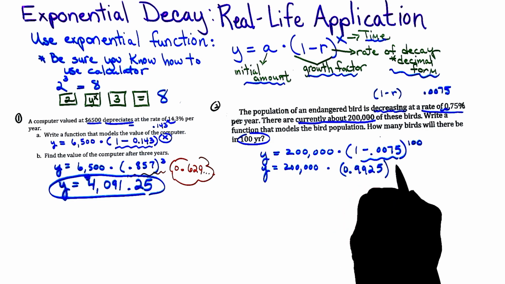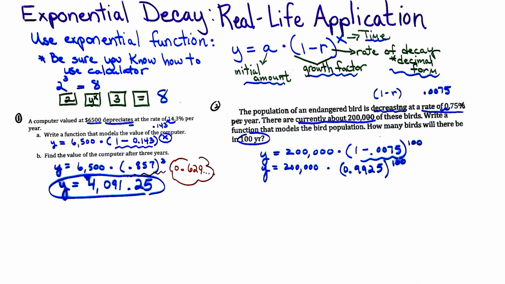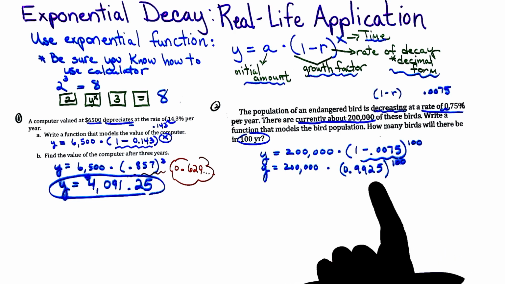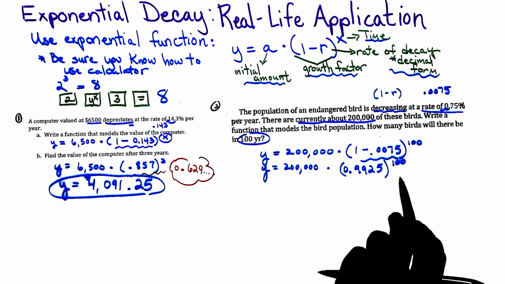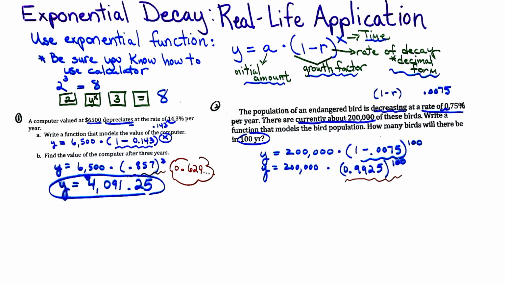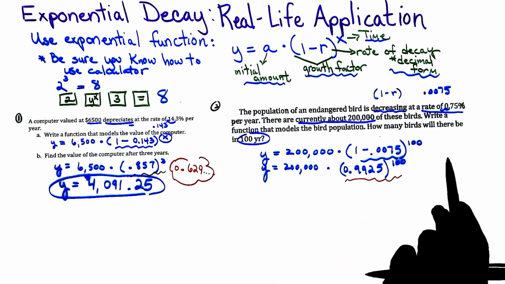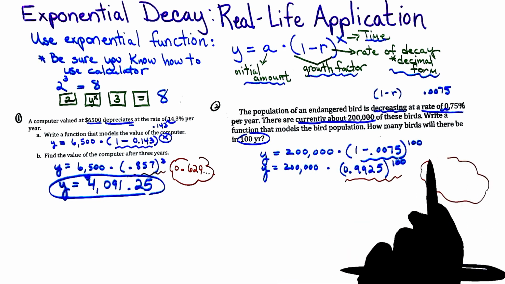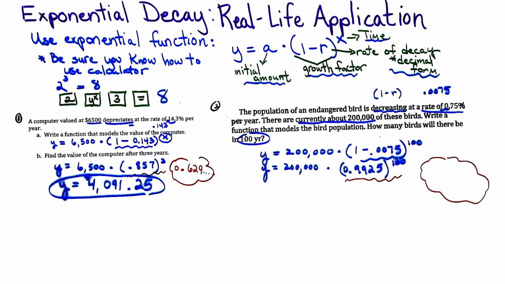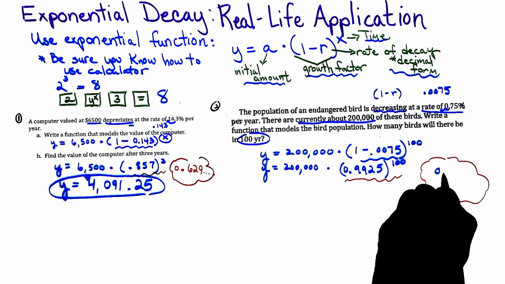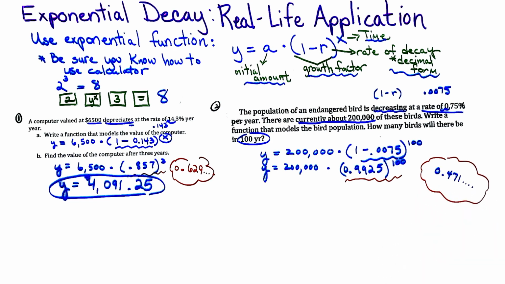And remember, it's to the 100th power. So again, what you're going to do now is you have to put this into your calculator. And when you do that, you should get approximately 0.471, and it goes on.